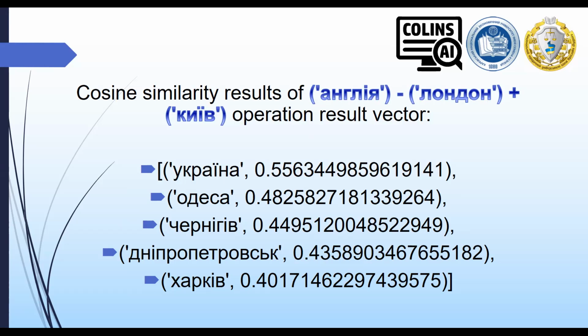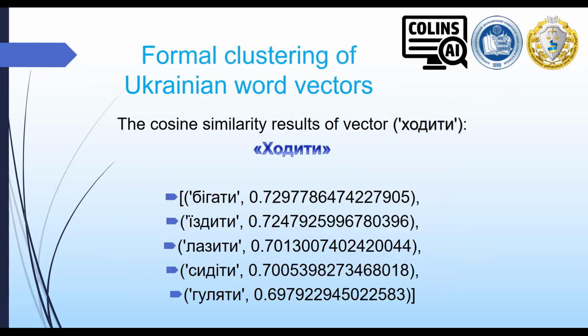The next slide, please. Formal clustering of Ukrainian word vectors. Ukrainian is an inflectional language. Inflectional morphemes in Ukrainian are mainly suffixes and sometimes prefixes. When searching for similar words by using word vectors, it is seen that words ending with similar suffixes can be reached.